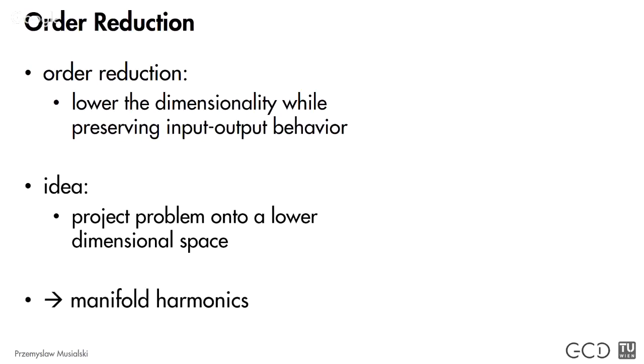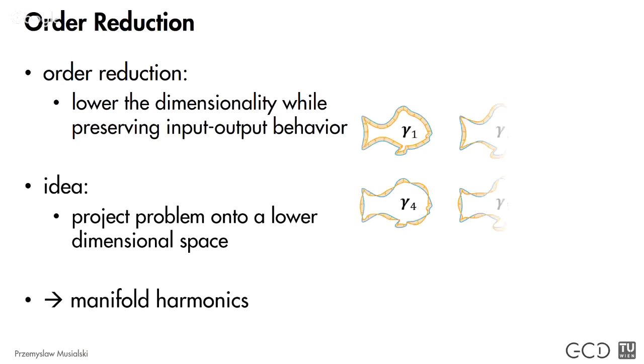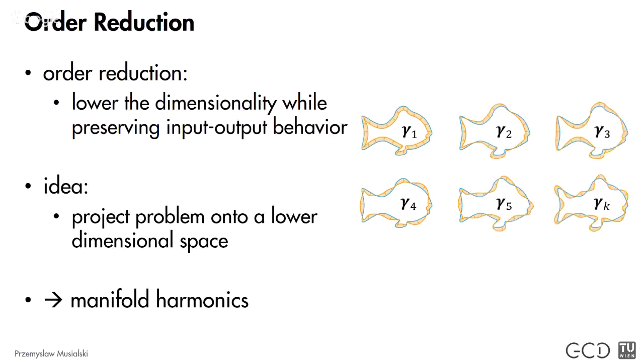Manifold harmonics is a term which has been used by a couple of researchers in computer graphics. Basically, those manifold harmonics are the frequencies of the shape. If we look at the shape as a signal, we can decompose it into its particular frequencies, and each of those, with increasing frequency, gives us some sort of basis function.